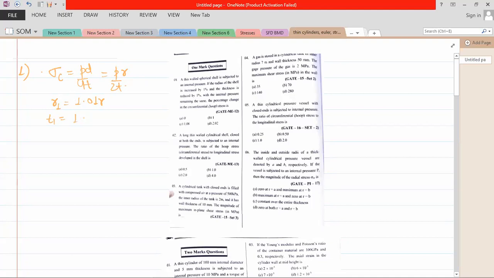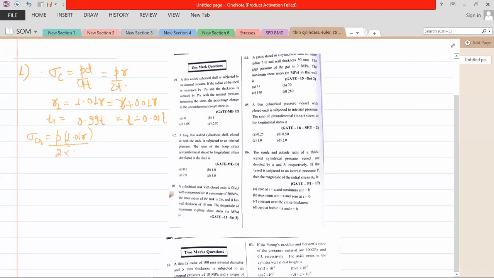It will be 0.99 times T. How I have done this is, this is your R and it is increased by 1%, that is 0.01 R, and if you decrease the thickness by 1%, 0.01 T. So I wrote it directly. Now the new circumferential stress: P remains the same, the radius is now 1.01 R divided by 2 into thickness.